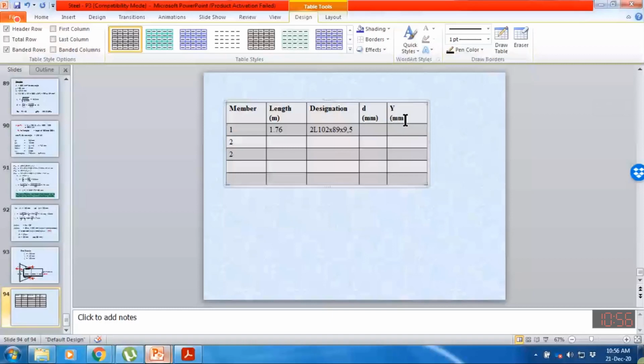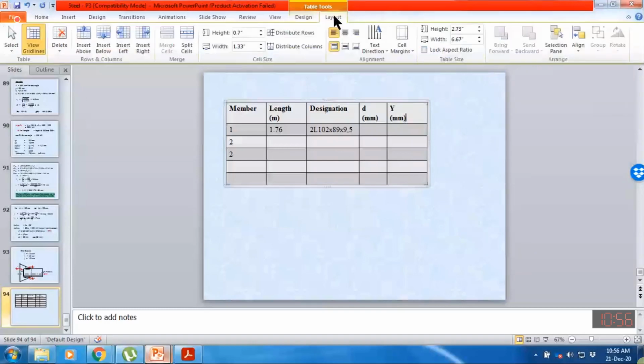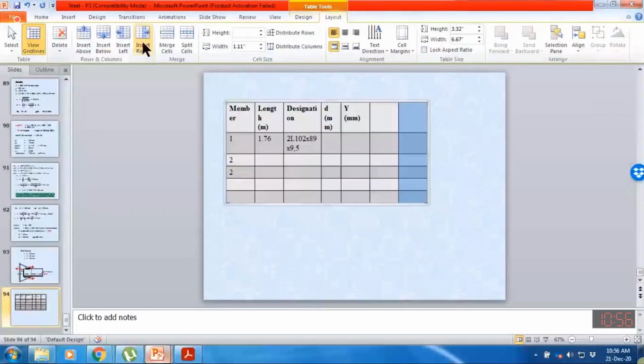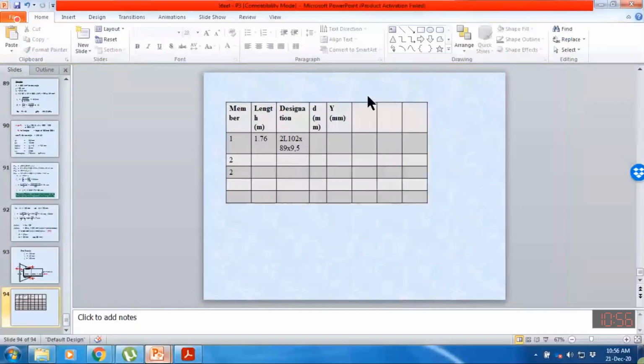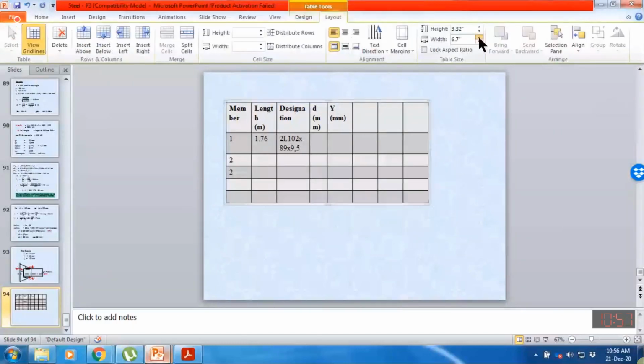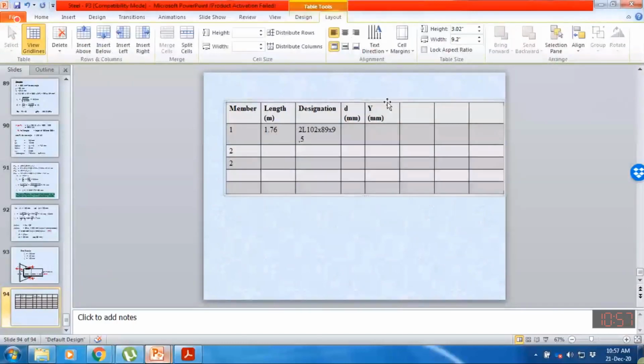The FU value you will determine accordingly, either 50% capacity or the largest compressive or tensile force. And here you are going to compute the L1 value, and here you are computing the L2 value, and let me add one more column.